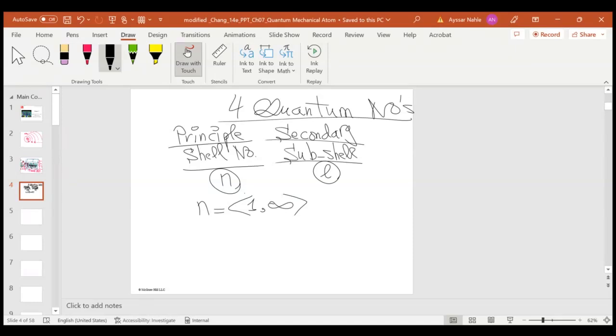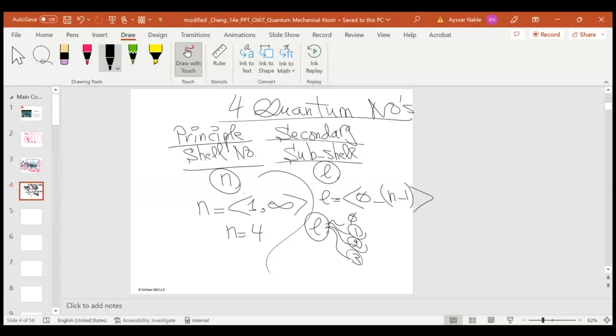All right? Now, the value of l goes from where to where? It goes from 0 to n minus 1. So if, for example, n equals 4, l will be 0, 1, 2, and 3.